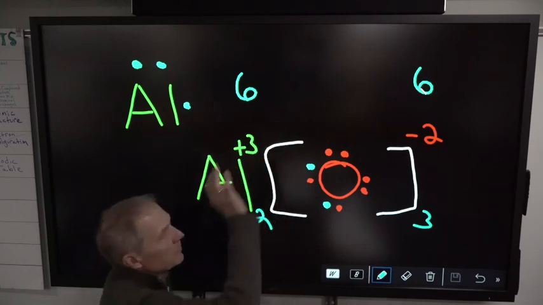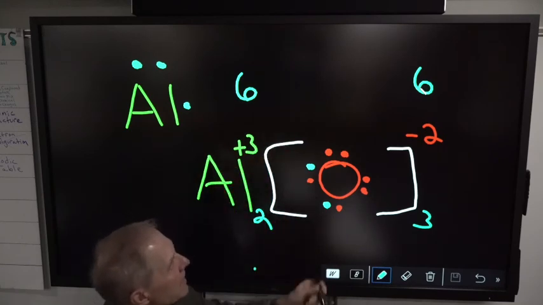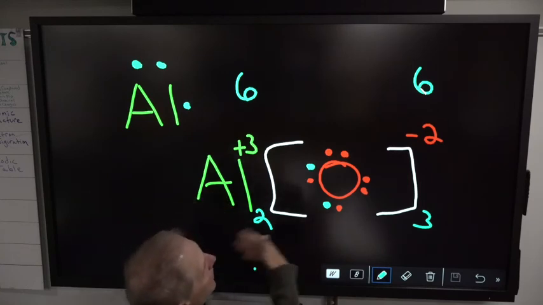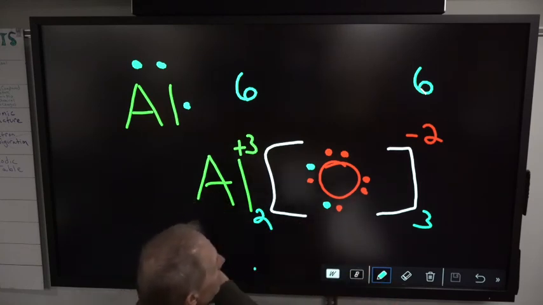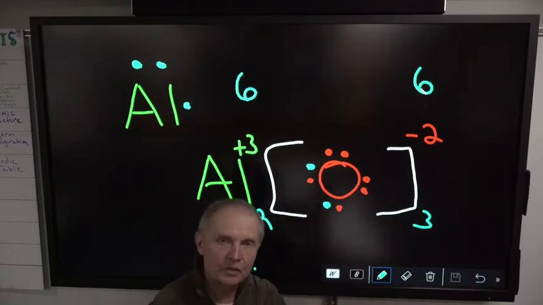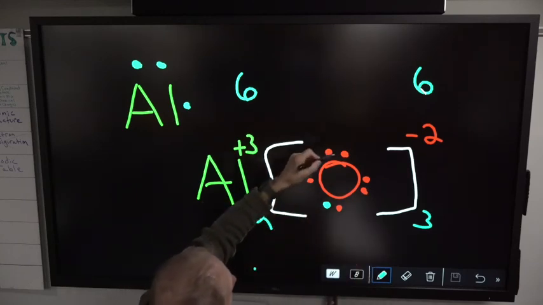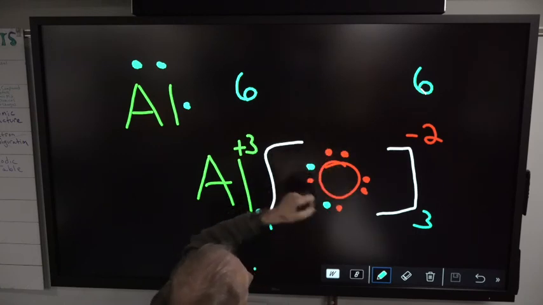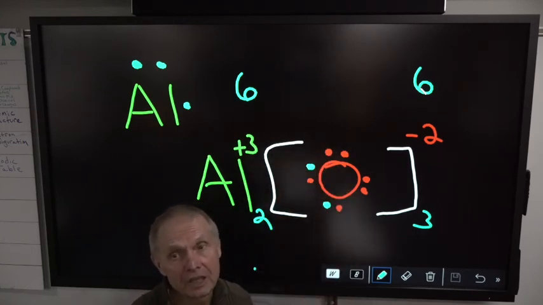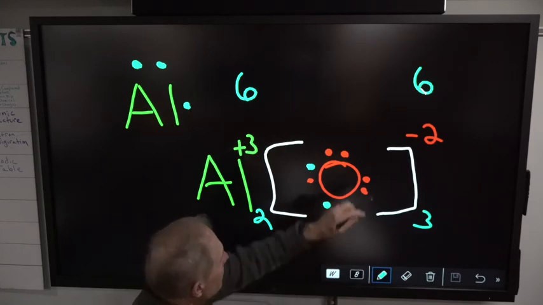So 2 aluminums want to lose 6 electrons, and 3 oxygens want to gain 6 electrons, so we are good. This equals 0, and this is one of the best examples. Crisscross, remember, you're always going to have a stable octet around the negative ion. Stable octet means you got to have 8 around the negative ion.